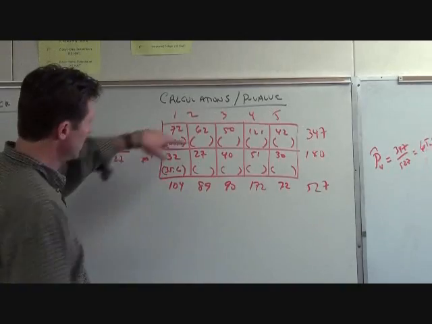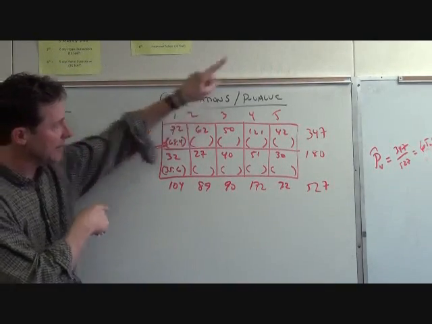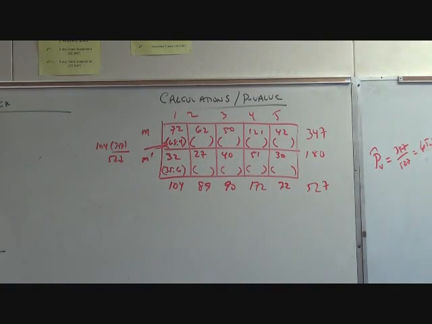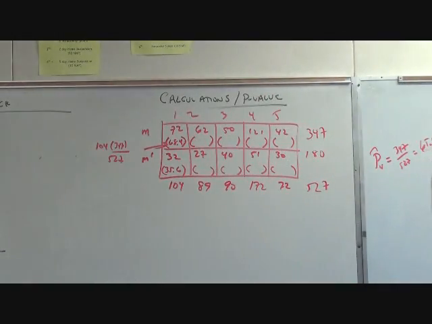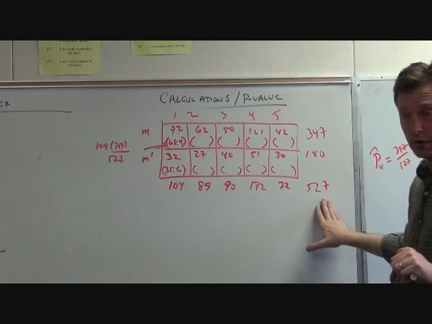So this would be 347 times 89 over the grand total, 527. N times P, that's all we're doing. Just giving it a little simpler look. You can find that spot by multiplying the row and column total and dividing by the grand total.